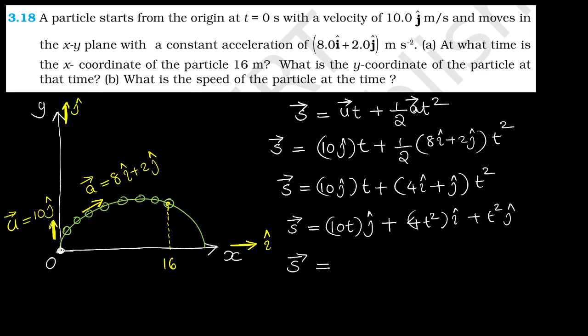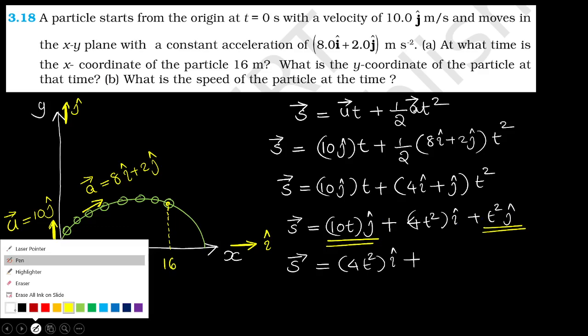These are direct method, direct steps. So 4t square i. Let me write i first, then j I will write later. 4t square i is there. Look here, the terms containing j. This one contains j, this one contains j. j is common, right?